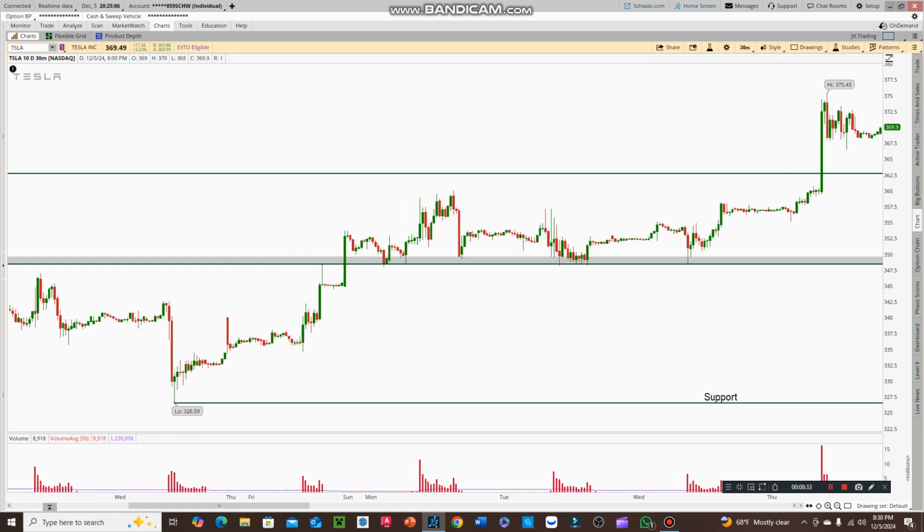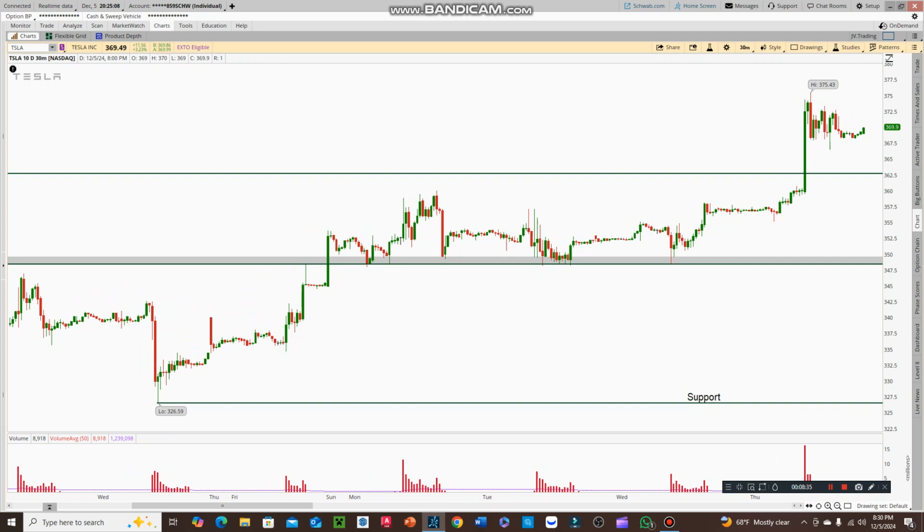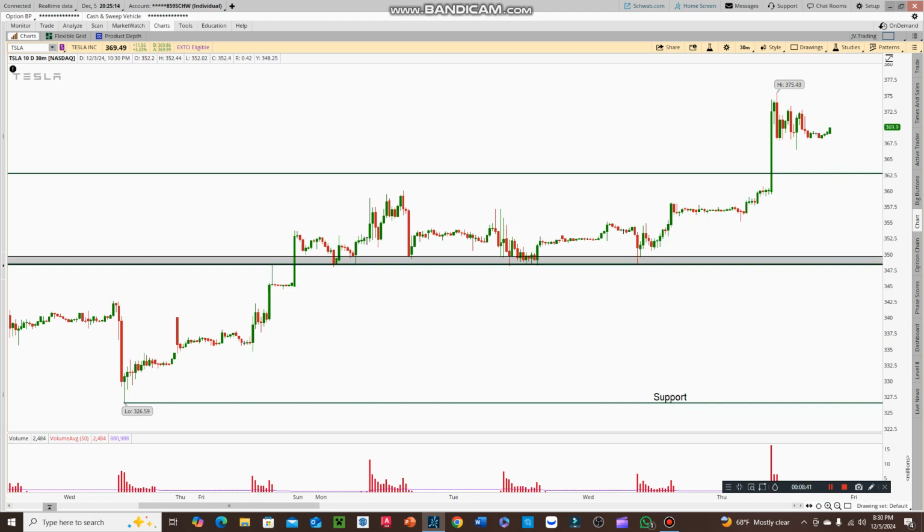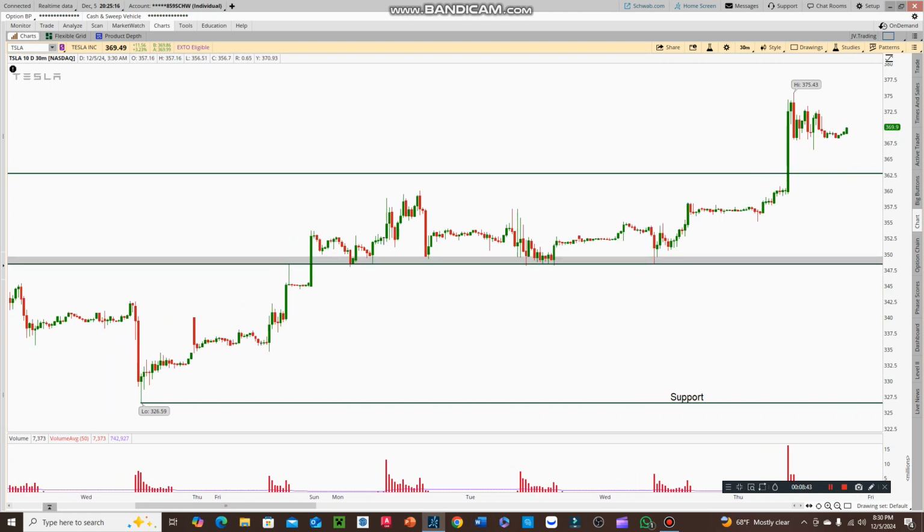Again, see how it kept getting bought back up, getting bought back up. So I knew this is a level that people respect. So what I did here was basically monitor this area on Wednesday for entry. I marked it up as monitor. So I just monitor the area for an entry, and that's exactly what I did.